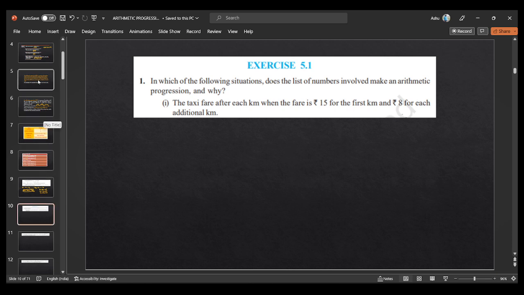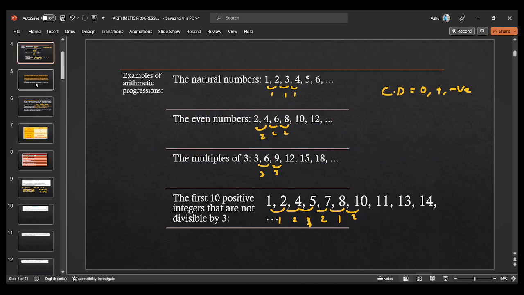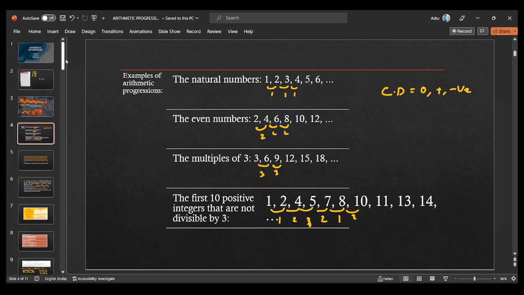So we have discussed the introduction part and many things.